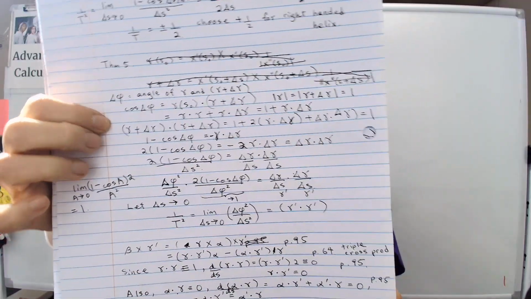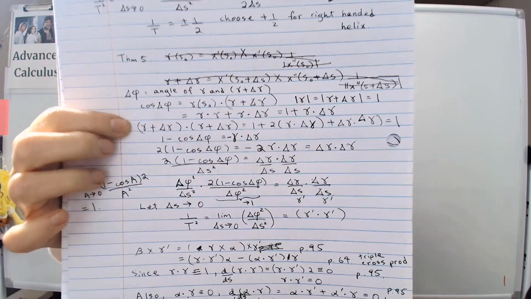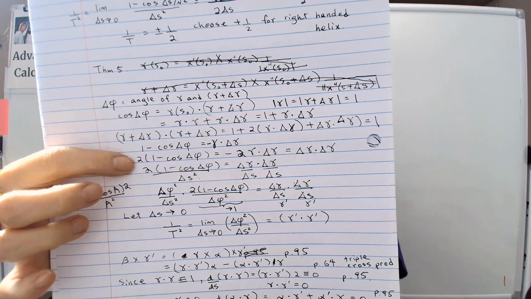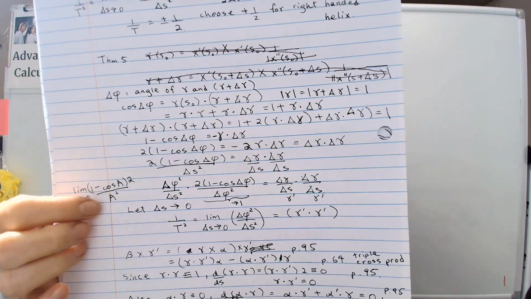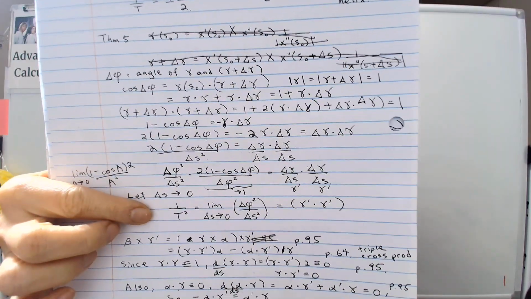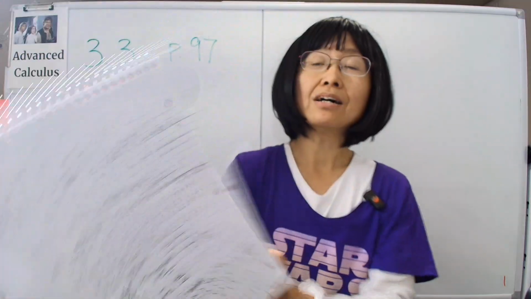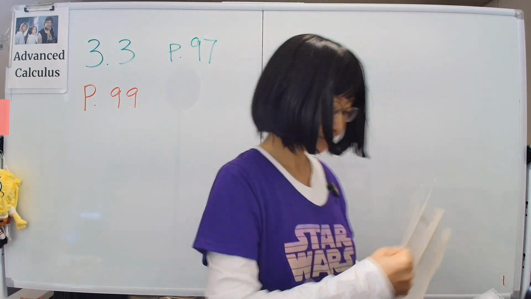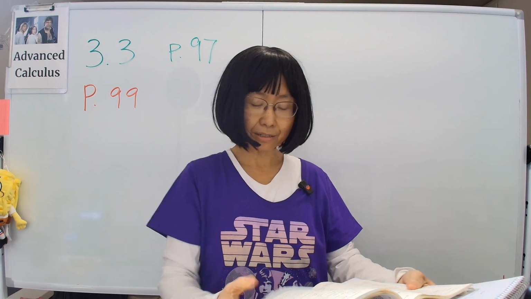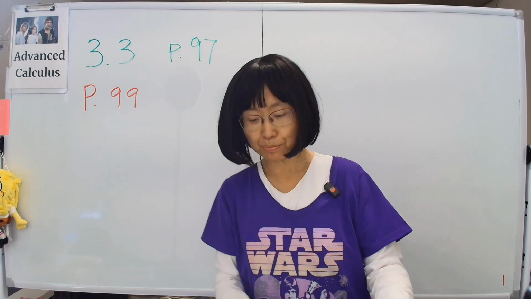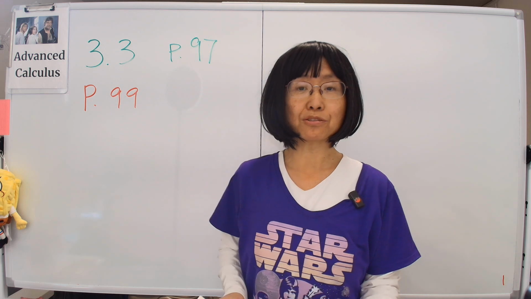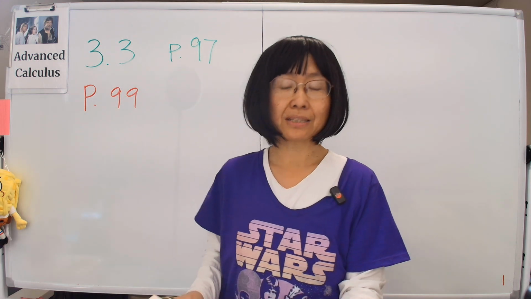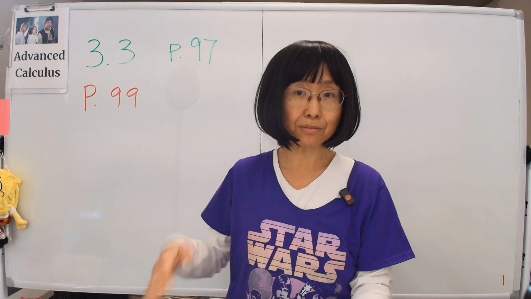I wrote all this stuff out, which ended up being exactly what I said before, and we calculate the same limit, use that same trick to calculate delta phi over delta s, and end up with the exact same result. So please do that yourself, and we will move on, agreeing, starting from this point, that 1 over t squared, the torsion squared, is gamma prime dot gamma prime. That is, the torsion is the magnitude of gamma prime.